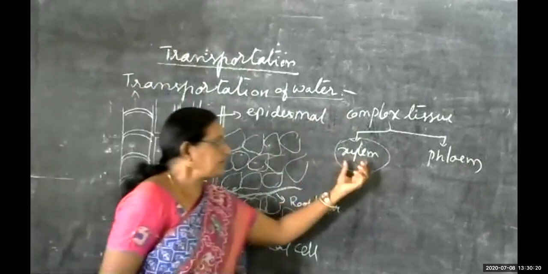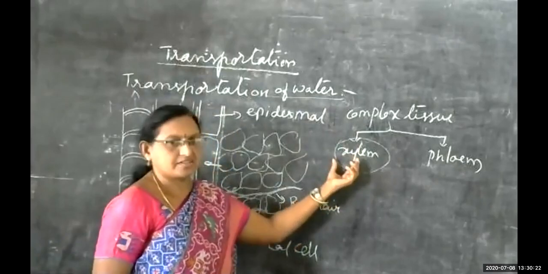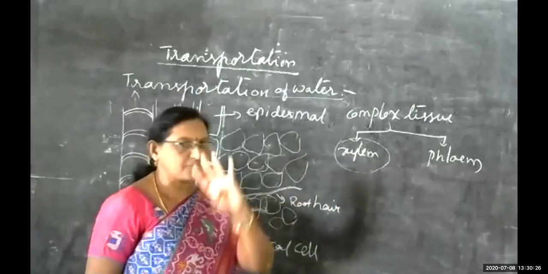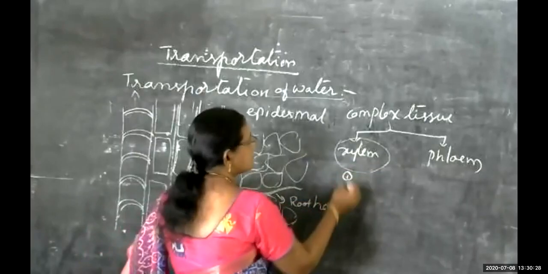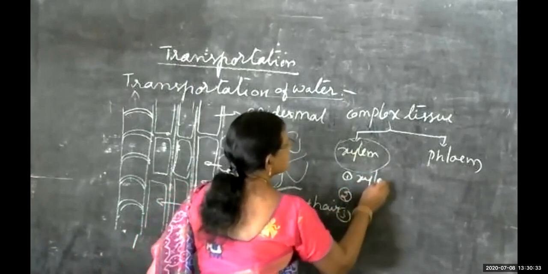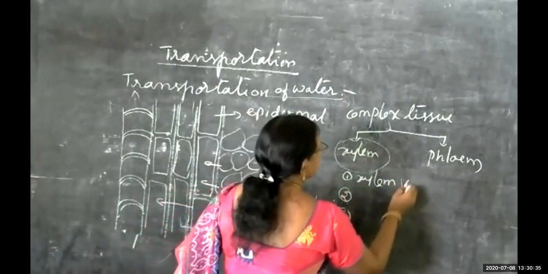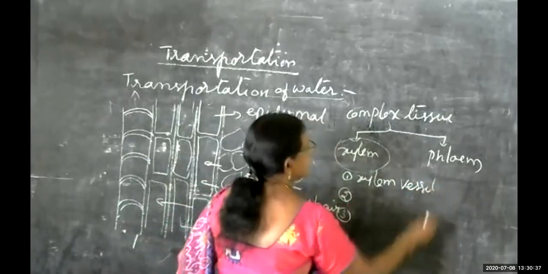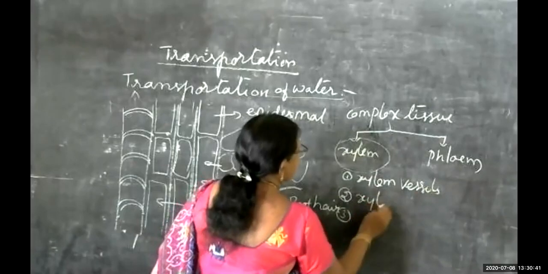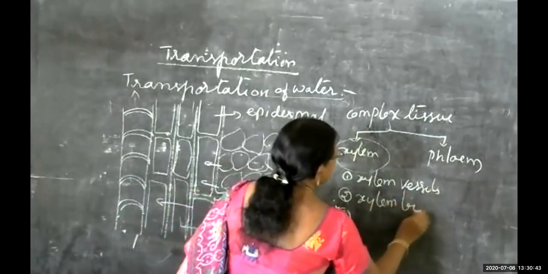Then when you look into the different constituents of the xylem, mainly the xylem has four constituents. What are the four constituents? The first one is xylem vessels. The second one is xylem tracheids.